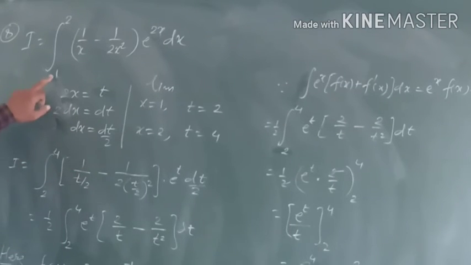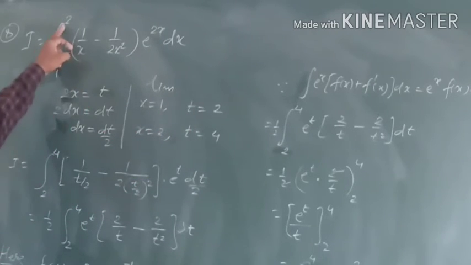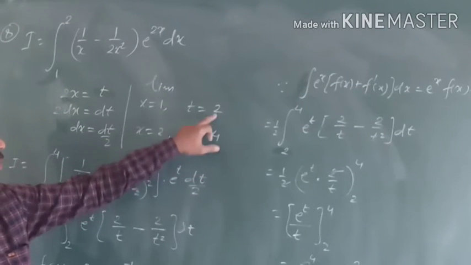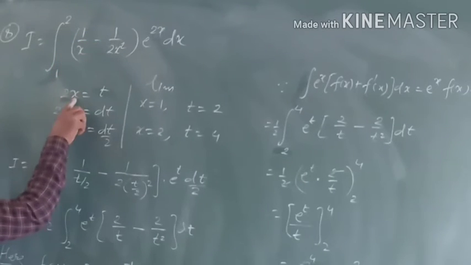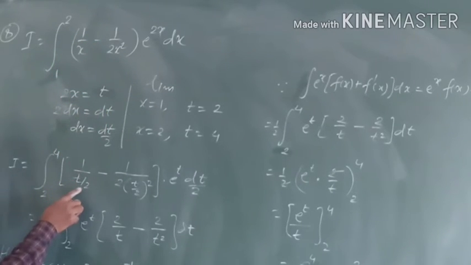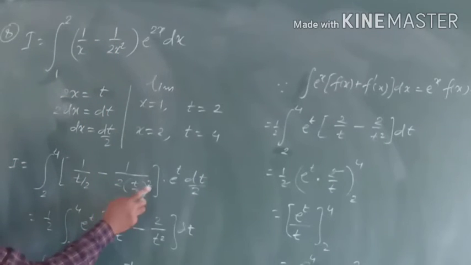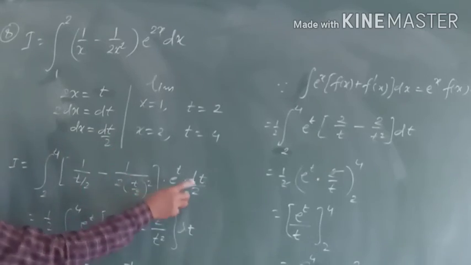And also change the limit. When x is equal to 1, 1 into 2 is 2, t is equal to 2. And when you put x is equal to 2, 2 into 2 is 4. So limit 2 to 4, and in place of 1 by x, x means t by 2, so 2 by t, minus 1 by 2x square, it means 2 by t square, and e to the power t and dx which is dt by 2.